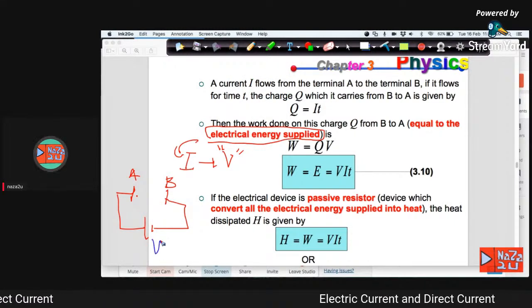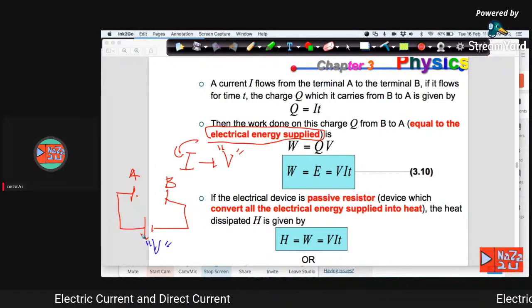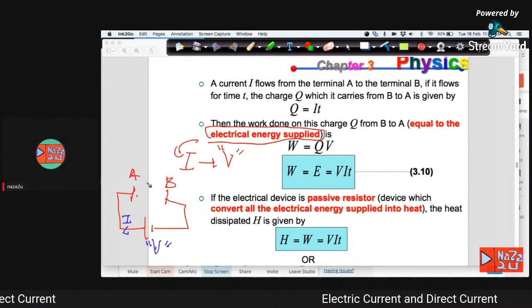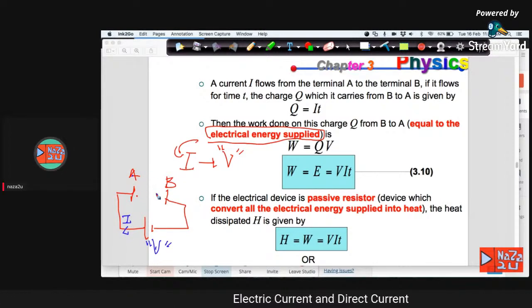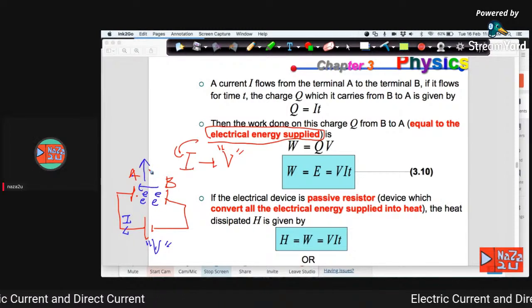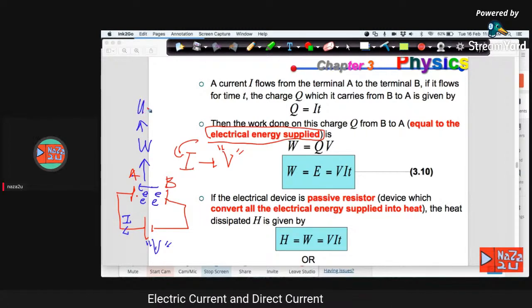So first, where does the energy come from? It starts from voltage. Voltage provided by battery produces current flow. Current flows in the circuit from A to B and can move electron from A to B. To move electron A to B, you must do work. So meaning here, electron has energy U. So how to calculate U?